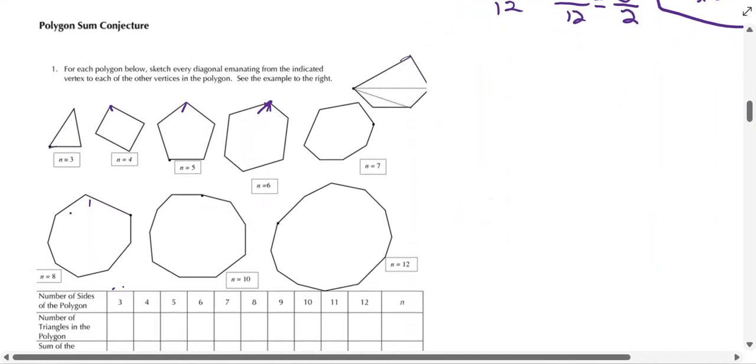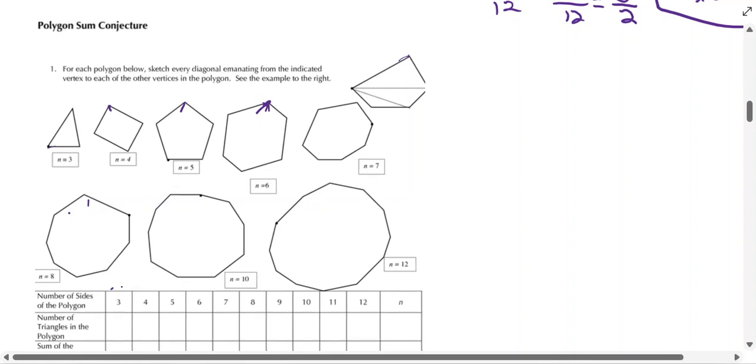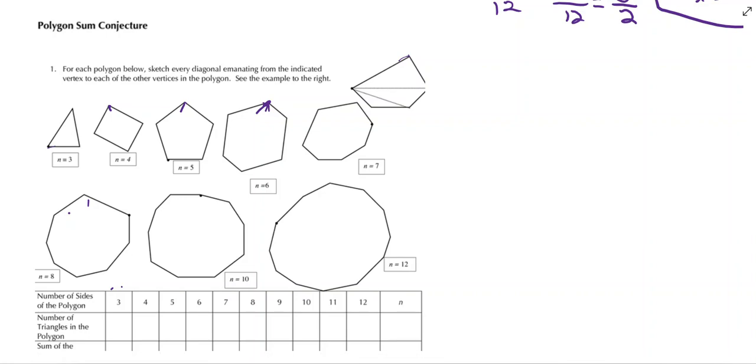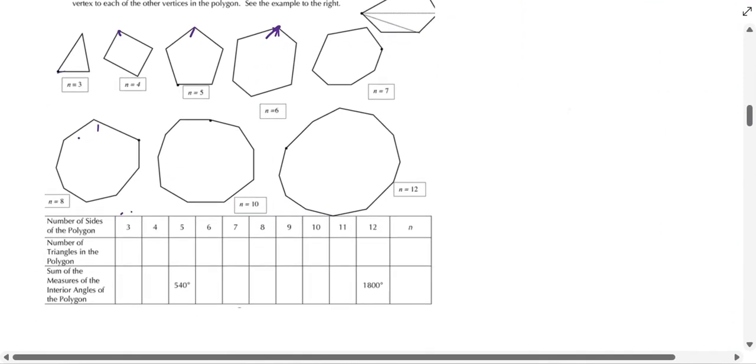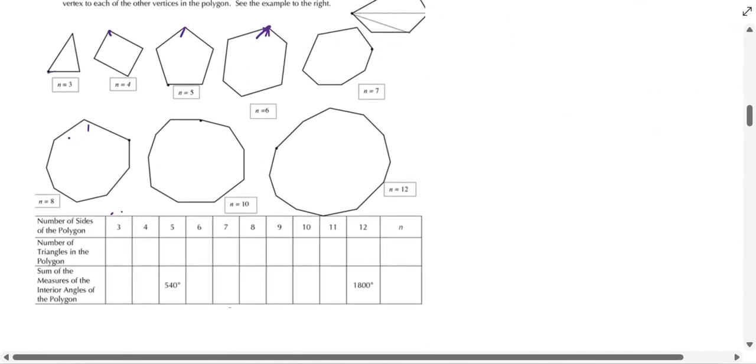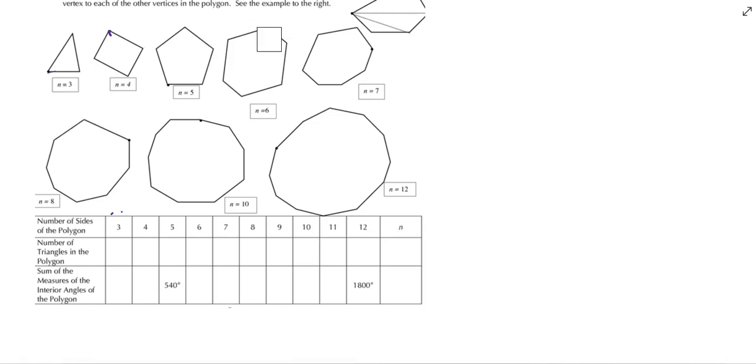The next one is just looking into how we're going to create the polygon sum conjecture, which means what do the angles of a polygon add up to be? And we'll fill out this chart as we do it. So let's get rid of this stuff here.